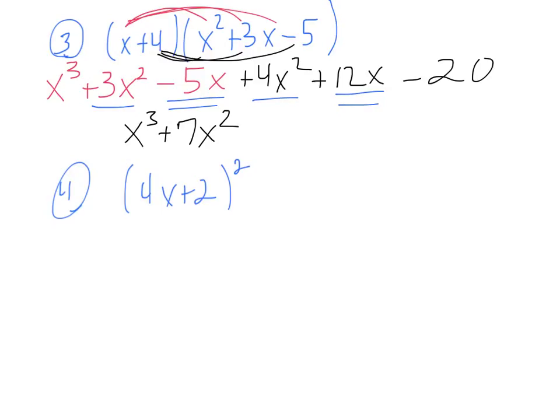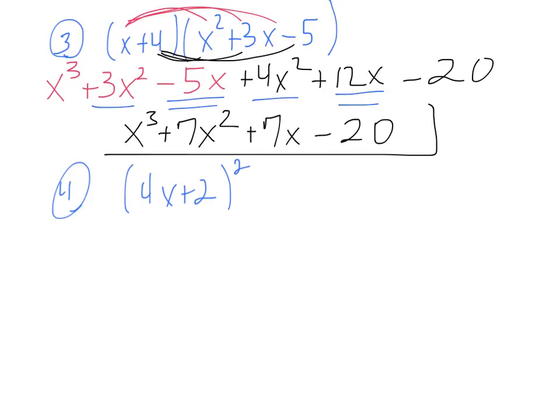Minus 5x plus 12x make plus 7x. And then bring along the minus 20. Whoa. Let's fix that. There we go. Any more like terms? Nope. We're done.